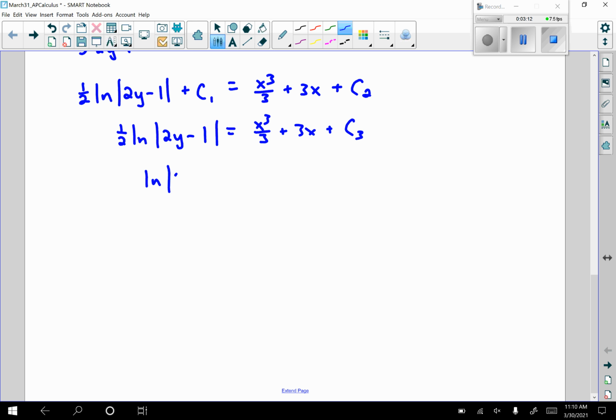So now we get the natural log of the absolute value of 2y minus 1 is going to equal 2x cubed over 3 plus 6x. And yes, this will change us to another constant. We'll just call it the overall constant. And what we have here, because we're not completely solved for y yet, we call this an implicit solution.